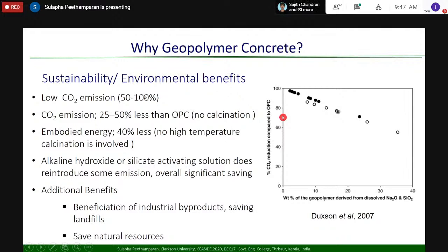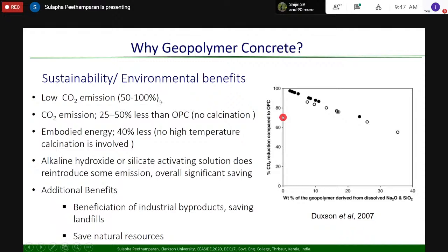If you make any of this geopolymer concrete, you can say a 50 to 100% reduction of CO2 emission compared to ordinary Portland cement. Here we are not even heating anything, so we don't need to spend any energy. That's why we can save this much.